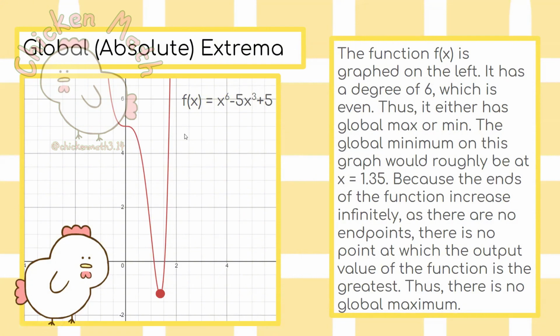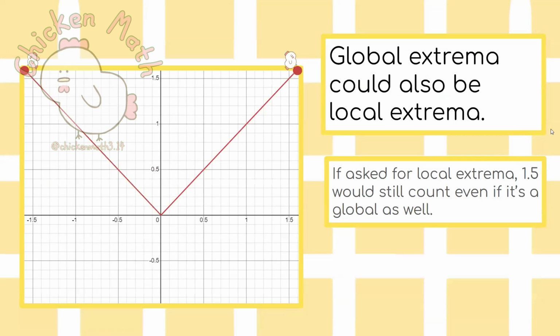And since we mostly use the output values to describe maximums or minimums or any extrema at all, the output of this would be roughly negative 1.25, and you would put that down if a question asked you to find it. And since you can see that it is continuous, there are no endpoints, and thus there are no extrema at those endpoints. No global maxima.